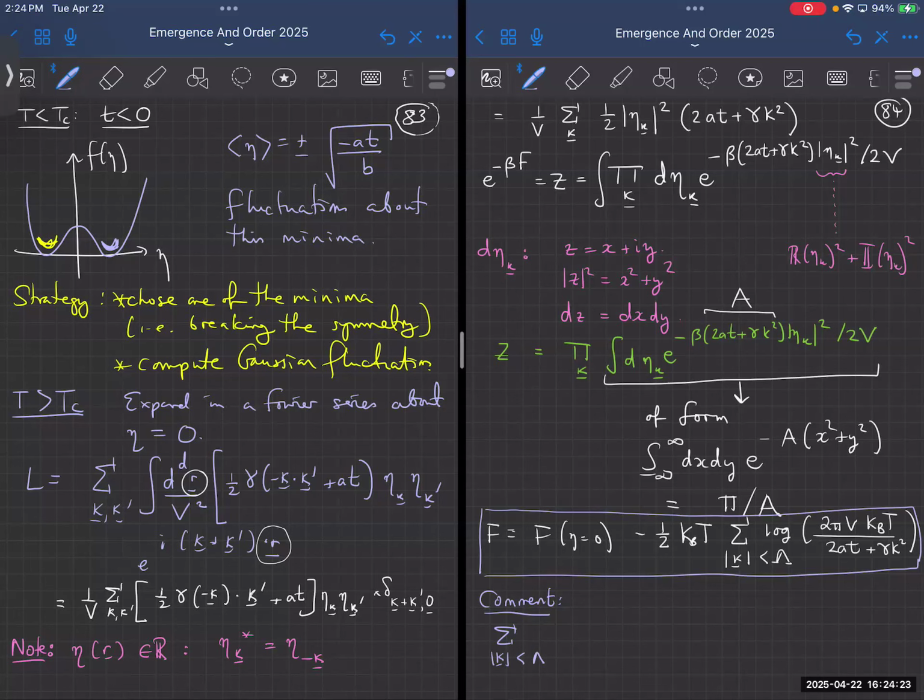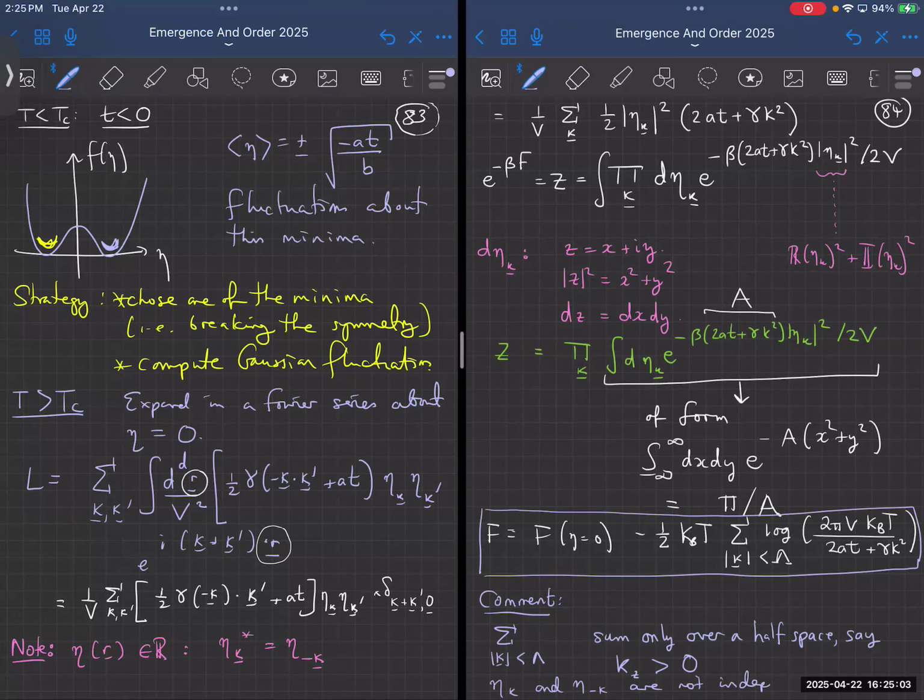The modes of eta of k and eta of minus k are the same; they're just related by a complex conjugate. So I have to sum only over a half space, say kz greater than 0.